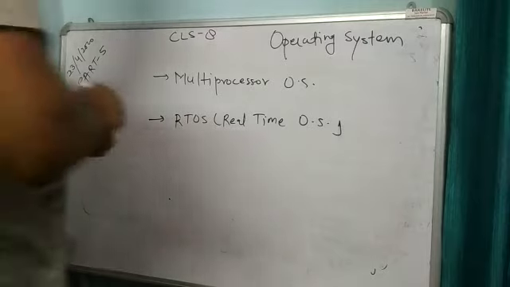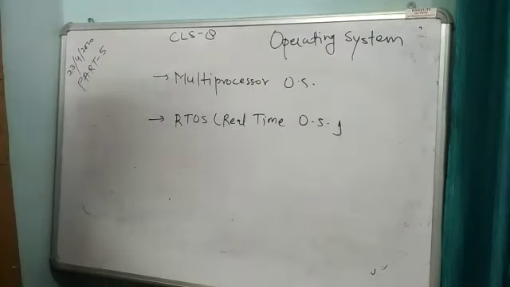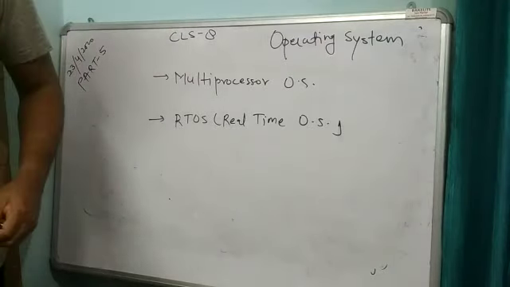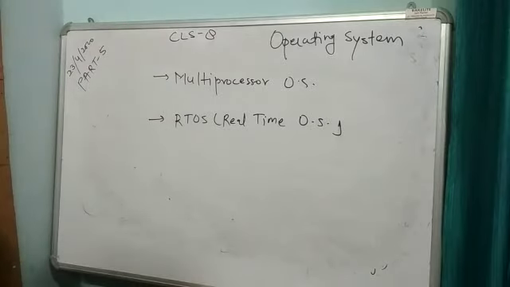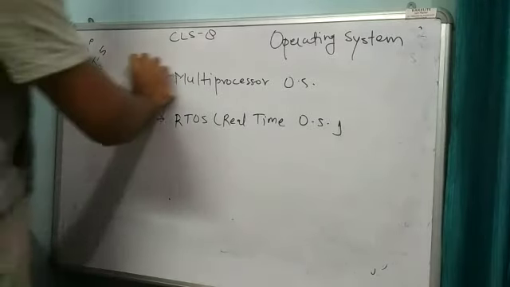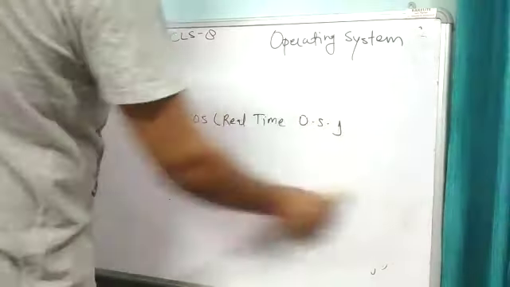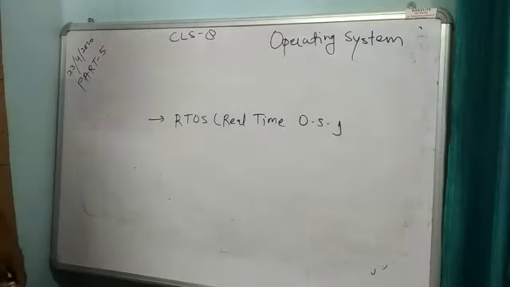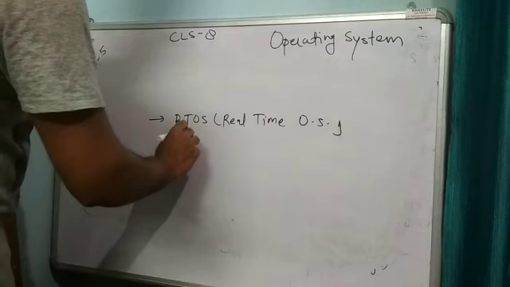Now, let's move on to the next one, real time operating system. See, a real time operating system is basically categorized into two parts.